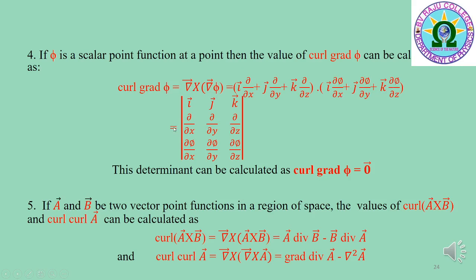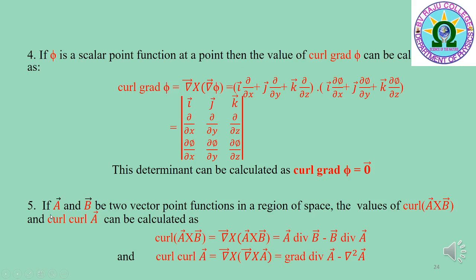This can be expressed in determinant form as i bar j bar k bar, dou by dou x, dou by dou y, dou by dou z, dou phi by dou x, dou phi by dou y, dou phi by dou z. This determinant can be evaluated as curl grad phi is equal to 0, a null vector.